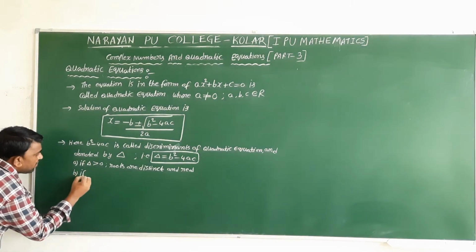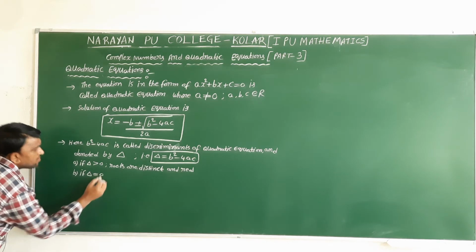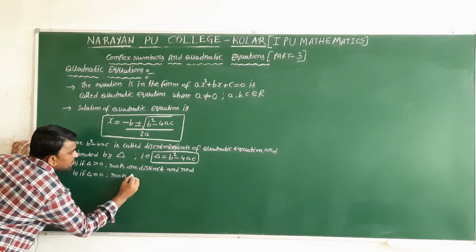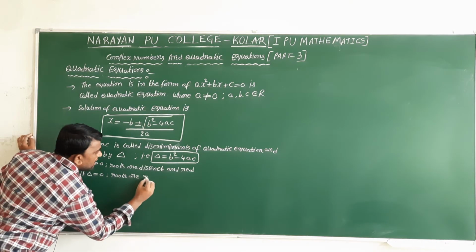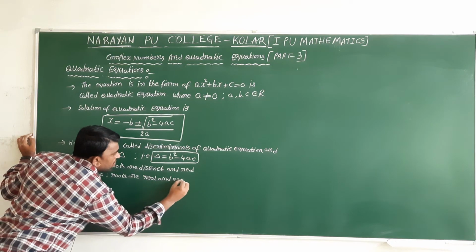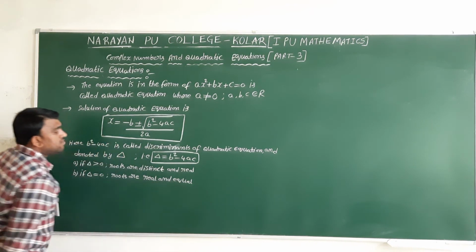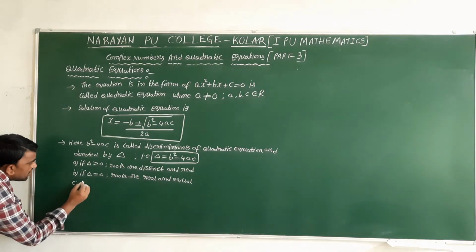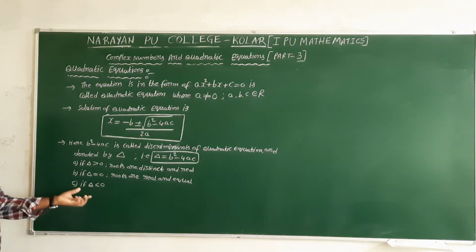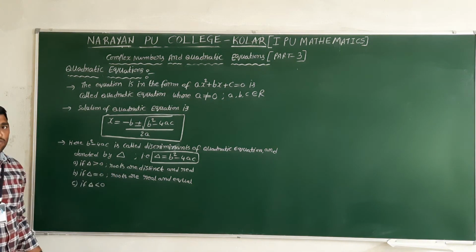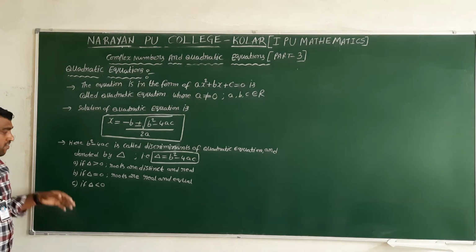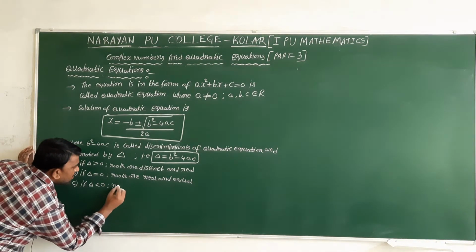Second nature, if delta equal to 0, roots are real and equal. Third case, if delta less than 0: greater than 0 means b square minus 4ac is positive, less than 0 means negative value, roots are imaginary.